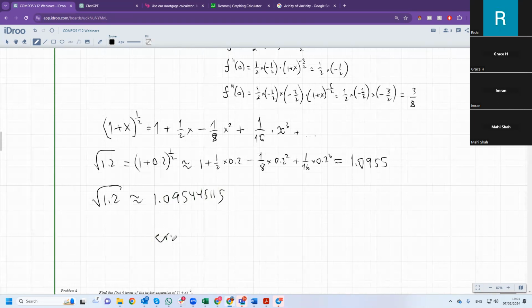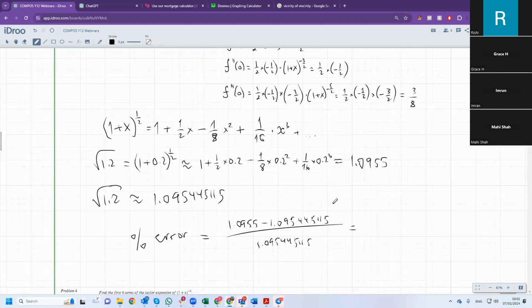So the percentage error is 1.0955 minus 1.09544515 divided by 1.09544515 times 100, of course.